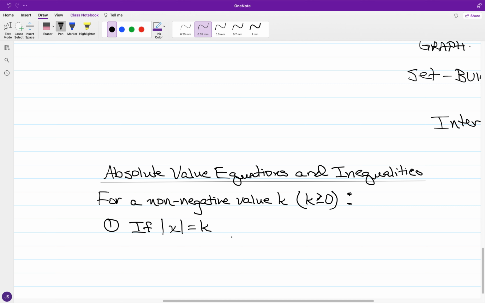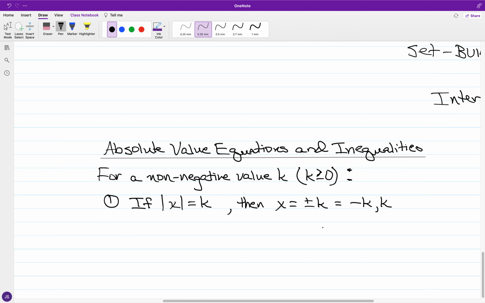So if the absolute value of x is equal to k, then x is equal to plus or minus k. Those are the possible values that we have for x, negative or positive k.